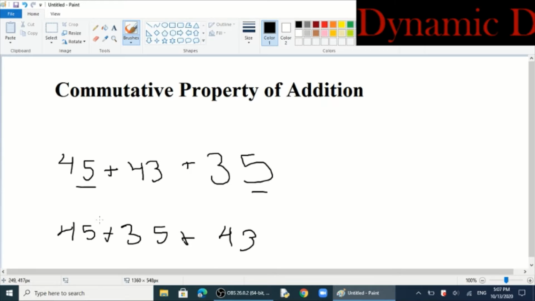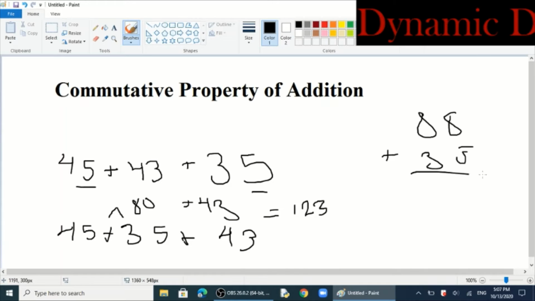Because I know these equal 80, so 80 plus 43 equals 123. I wouldn't want to do 45 plus 43, which is 88, and then add 35 and have to carry the 1. But at the end of the day, I still get the same answer. It's about which way is easier to solve.